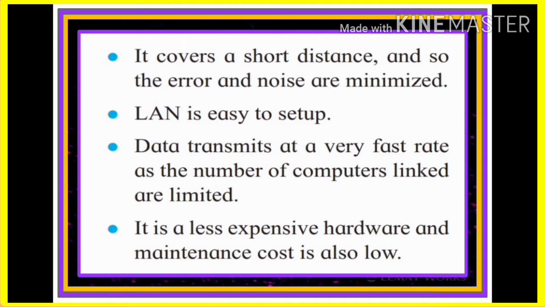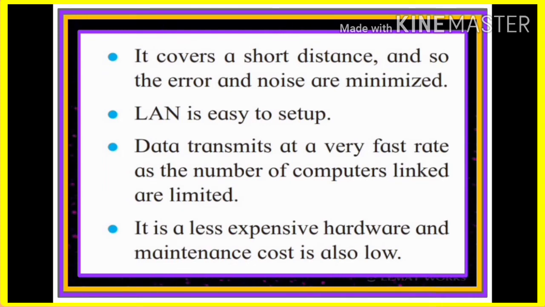LAN is easy to set up. The setup of LAN is easy as compared to the MAN and WAN. Data transmits at a very fast rate as the number of computers linked are limited. Due to the less number of computers, the data transfer rate is fast.